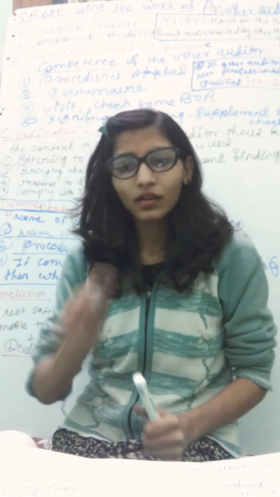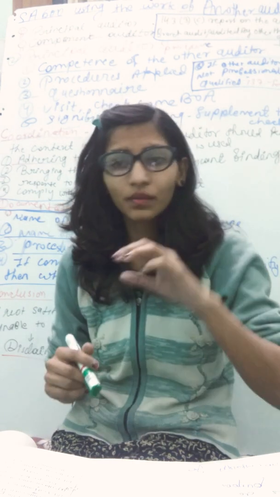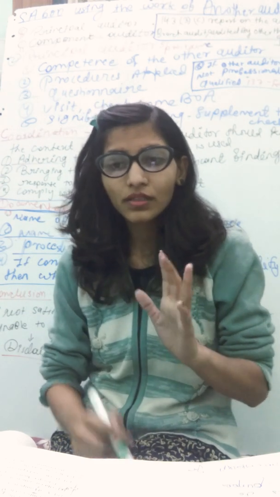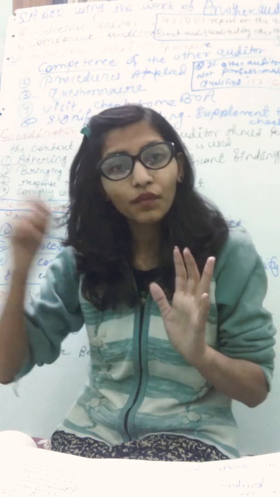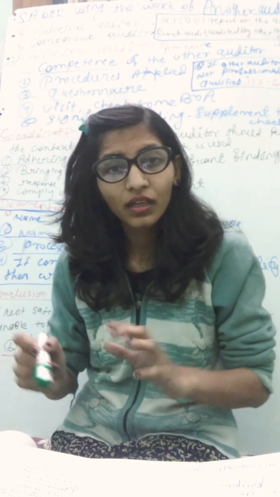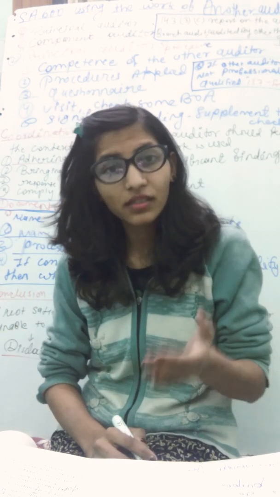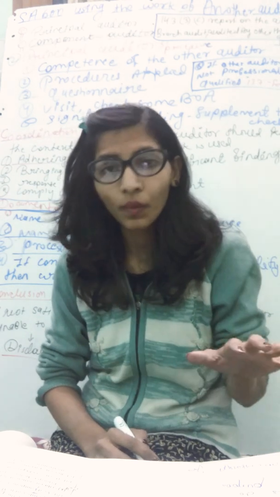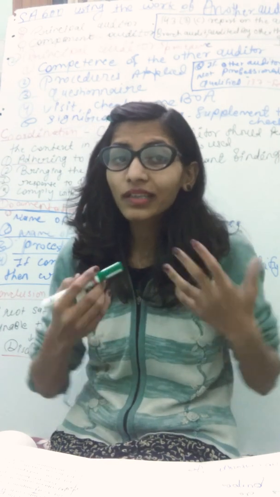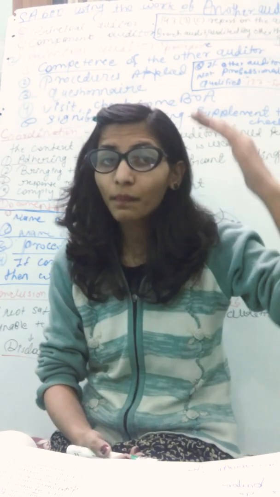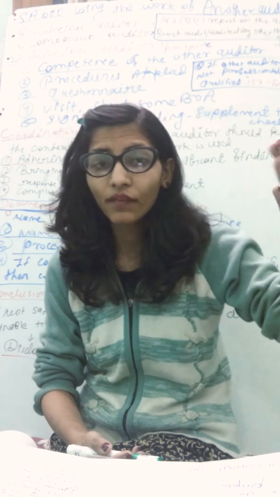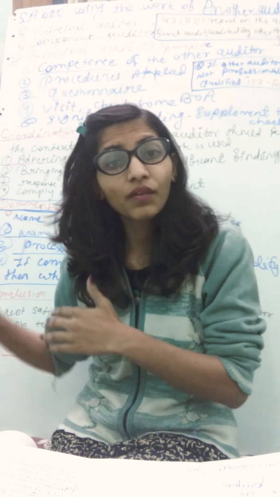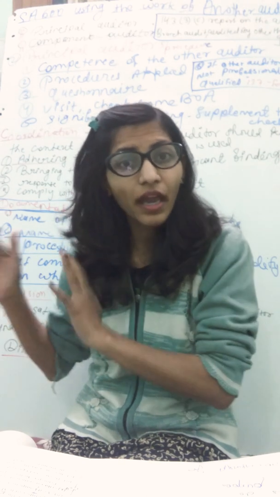You understand now? One more thing I ask here: if the report of the component auditor is modified, is it necessary that as principal auditor we modify our opinion? No, because some information can be material at the branch level, at the component level, but it may not be material at the financial statement level of our whole entity at head office level.